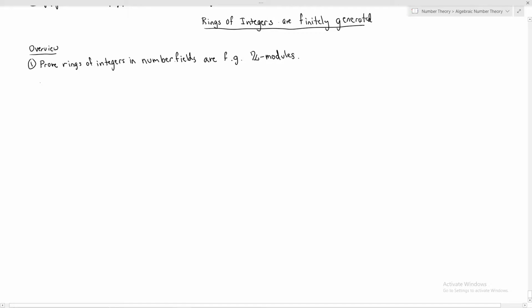Okay, so what's the idea for this proof? The idea is we're going to use our non-degenerate trace form to find Z-modules.